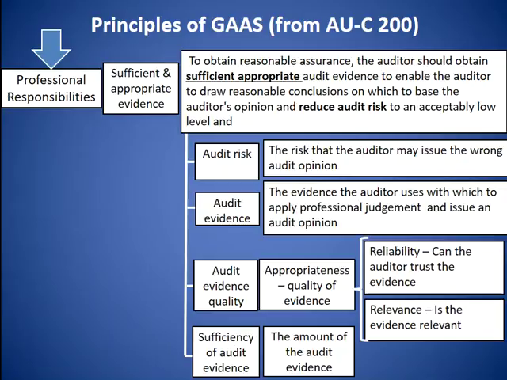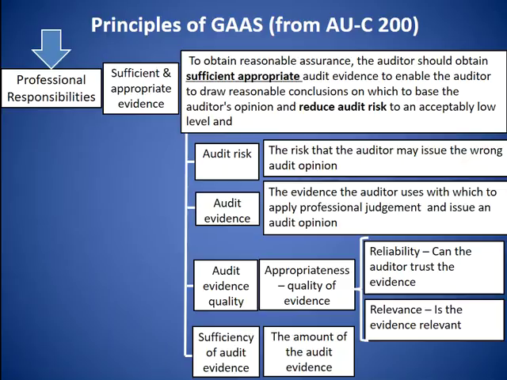I may issue what I call a clean opinion saying everything's fine, yet the financial statements are materially misstated. In other words, I made a mistake performing and applying either professional judgment or audit standards. When that happens, the auditor can suffer a significant amount of liability. There's a very good chance that the auditor is going to be, in effect, sued by a number of different people.